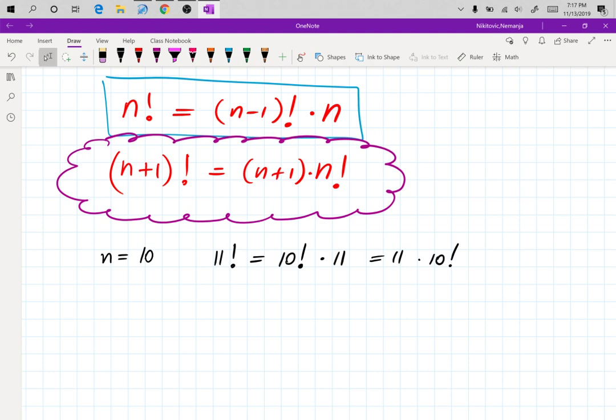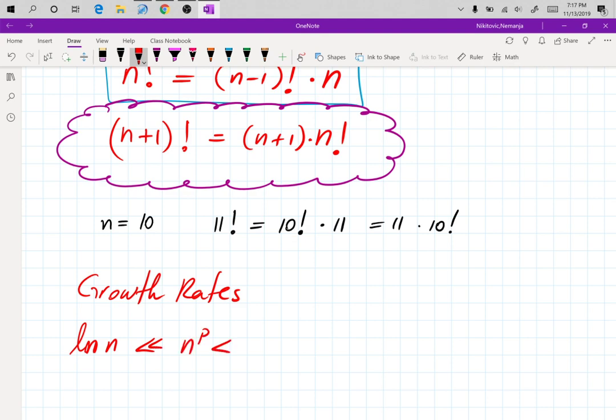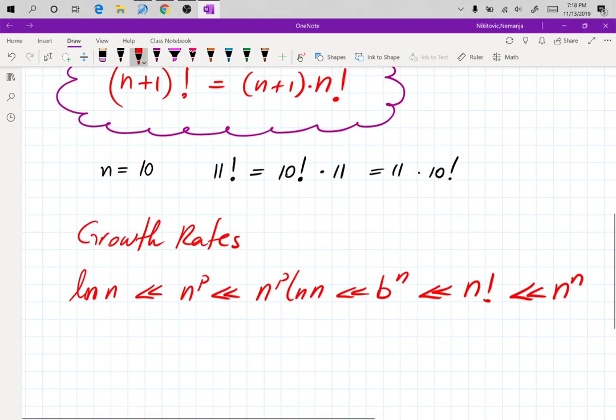So if we talk about growth rates, we have the sluggish one, which is ln n, grows slower than n to the p, grows slower than n to the p times ln n, grows slower than b to the n, grows slower than n factorial, grows slower than n to the n.